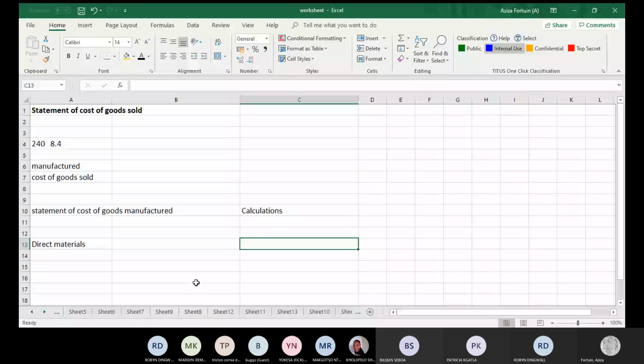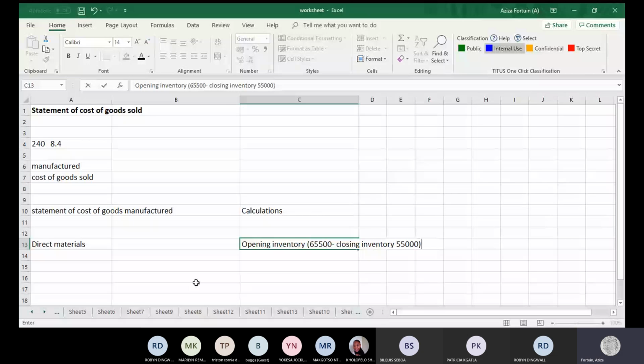I think the amount for direct materials will be the opening inventory for direct materials plus the purchases of 485, and then in opening, how much was the opening inventory? 65,500. Okay. And then we have to subtract the closing inventory, which was 55,000. And add the purchases?